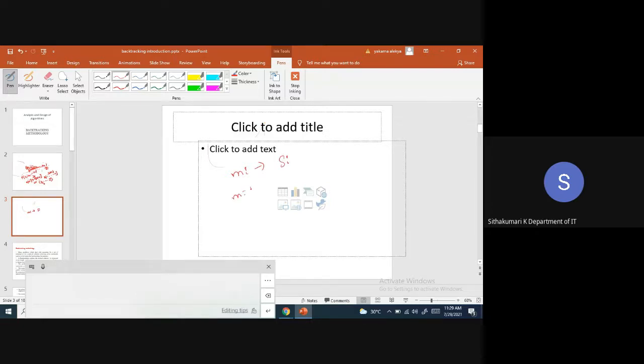M is equal to m1 times m2 times m3 up to mn. So you have that many n-tuples, which are possible candidates that may satisfy the constraints.